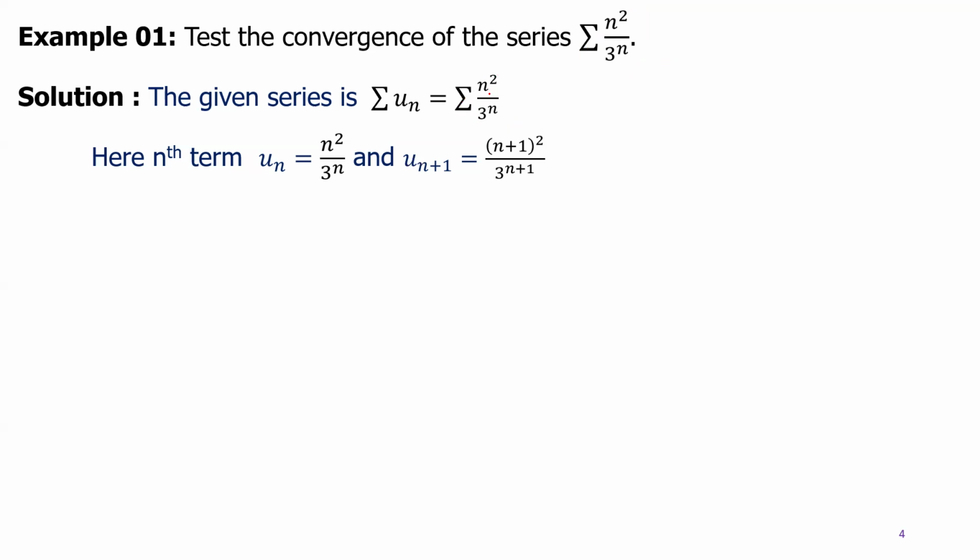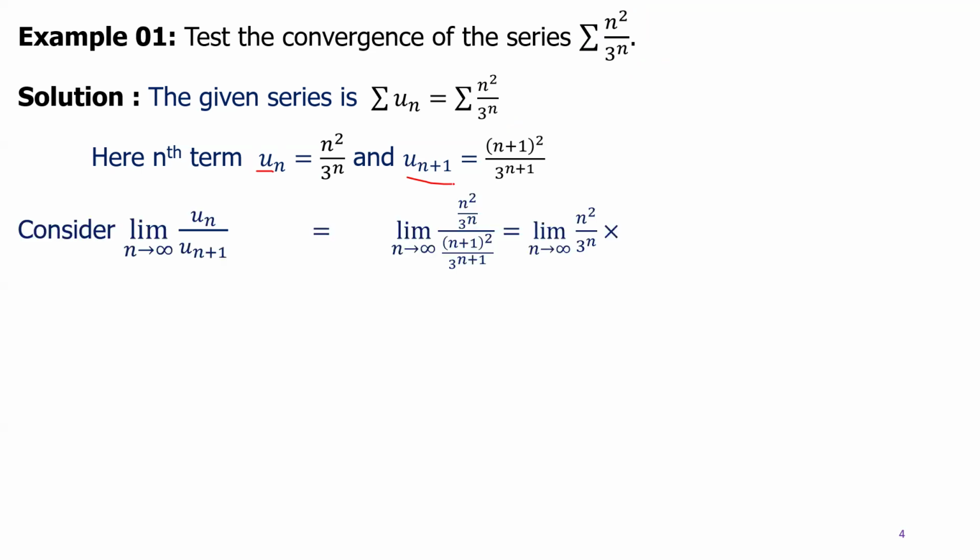So simply in D'Alembert ratio test or ratio test, we have to just find the ratio of two consecutive terms. Now here we have obtained un and un plus 1. Let us consider the limit of un upon un plus 1 when n tends to infinity. un is equal to n square upon 3 to the power n, and un plus 1 is n plus 1 whole square upon 3 to the power n plus 1.